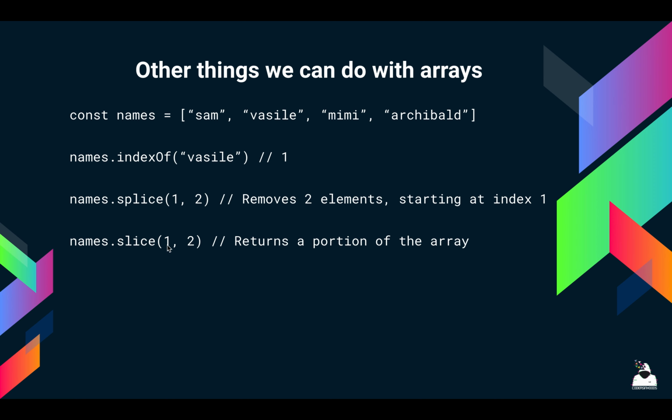So it is the starting index and then the exclusive ending index, I think. So I think we would get just Facile. We'd get an array that contains just Facile. We might get Facile and Mimi, can't quite remember.